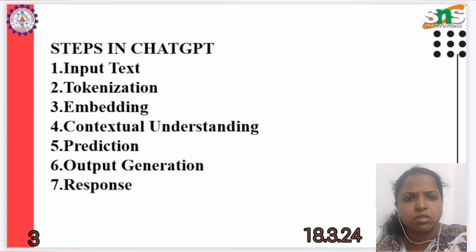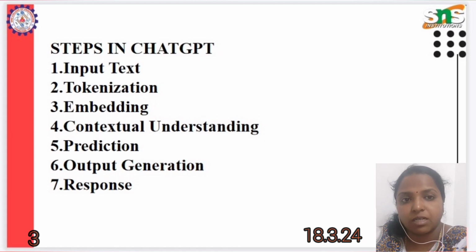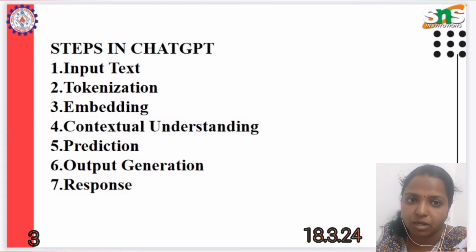The transformer architecture helps us understand the contextual meaning of that word. It pays attention to the relationship between the tokens, the relationship between two words. Based on that relationship only, it can understand the contextual meaning.